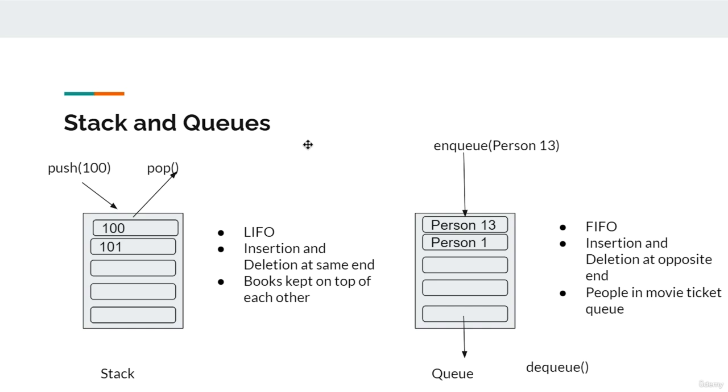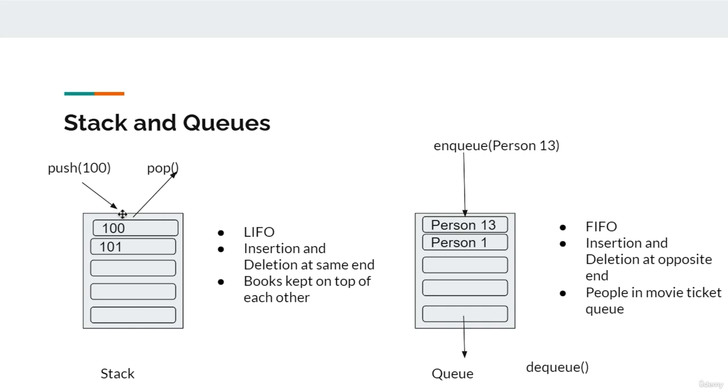So let us summarize this. We have stack and queues. Stack follows last in first out approach, and queues follow first in first out approach. Insertion and deletion in the stack happens at the same end, and insertion and deletion in queue happens at the opposite end. In the stack we have push and pop operation.